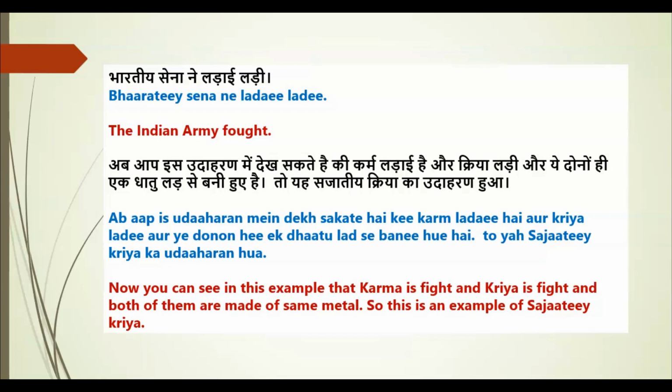This means now you can see in this example that karma is fight and kriya is fought and both of them are made of the same root. So this is an example of Sajatiya Kriya.